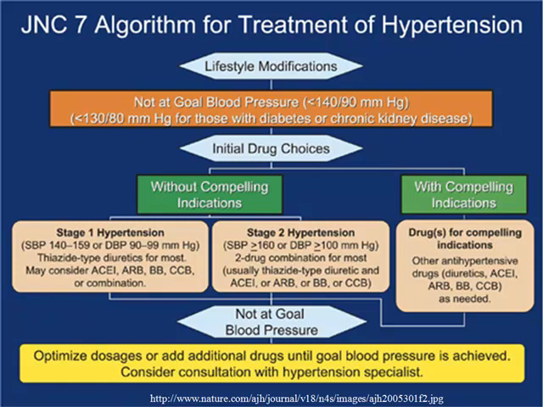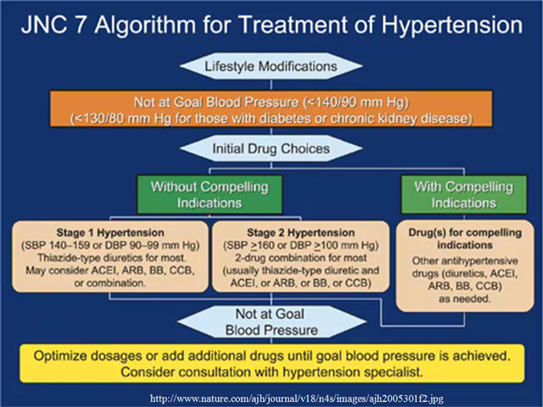Then we're going to look at some initial drug choices. And this is changing all the time as we're learning more about these drugs and how they work in high blood pressure. Now, compelling indications are additional risk factors or comorbidities that the patient might have. So if they have high blood pressure and they're also diabetic, we might choose a different drug than if they just have high blood pressure.